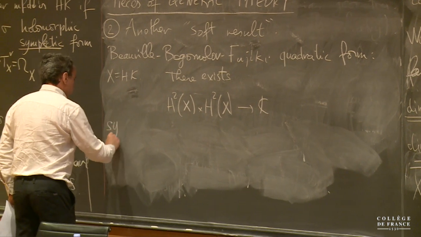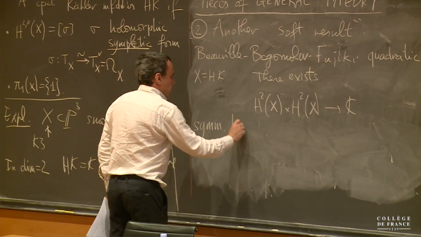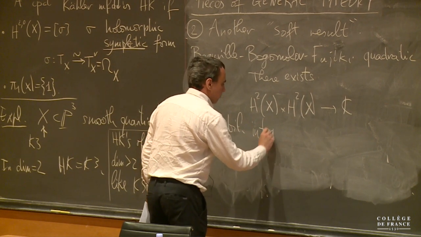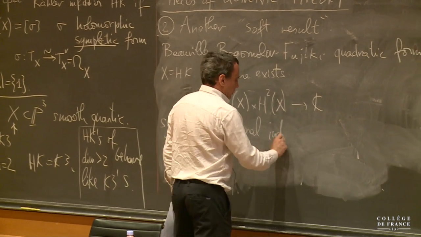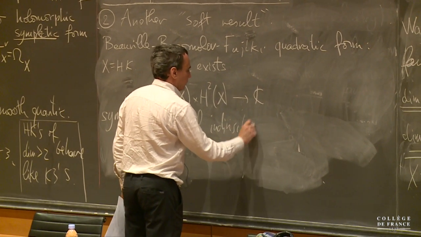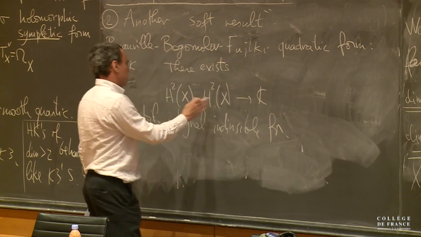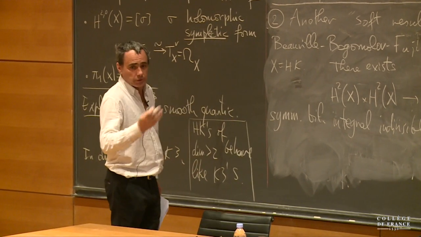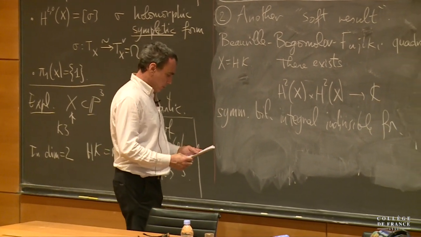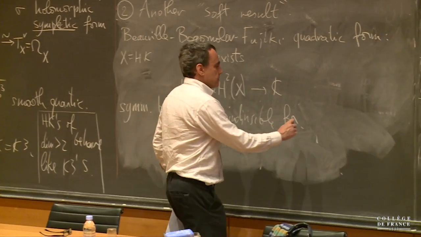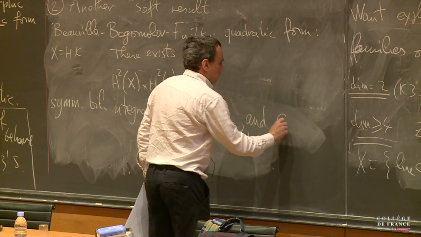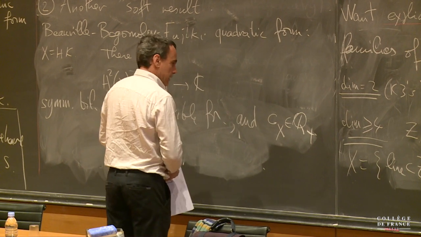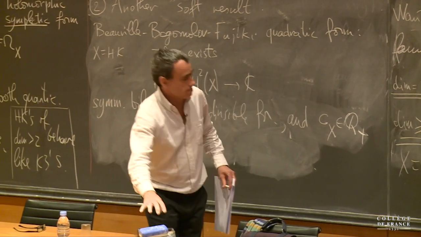So this is a symmetric bilinear integral, indivisible form. So when you look at it on the integral cohomology, you normalize it so you don't want it to be a multiple of something, with the following properties. And a positive rational number such that the following holds.